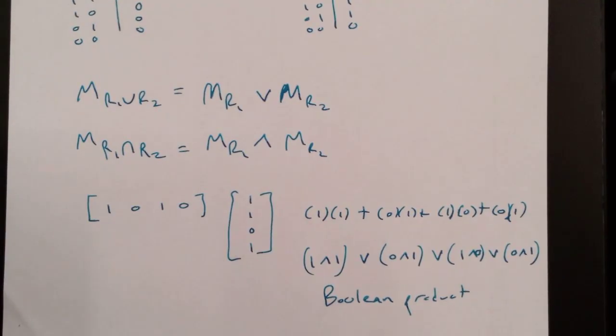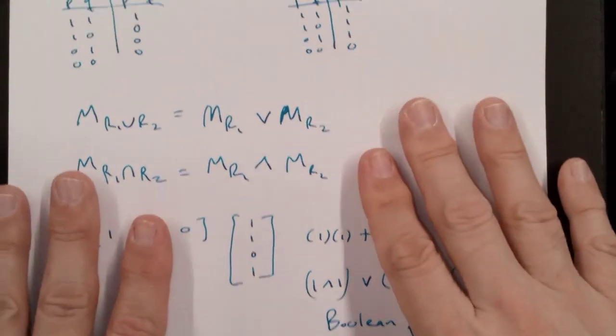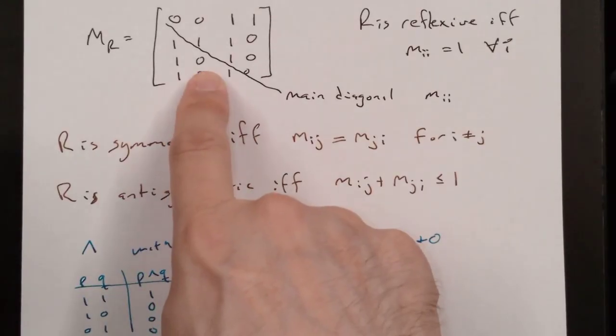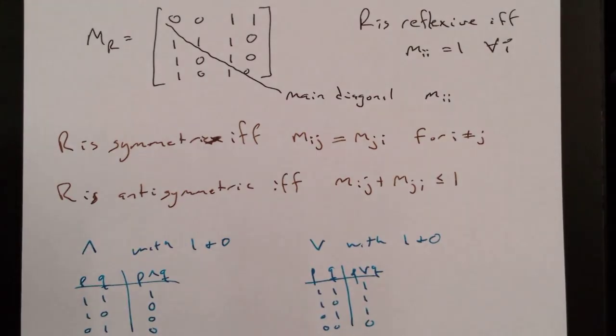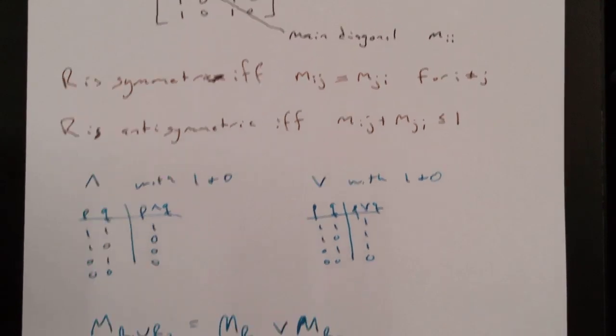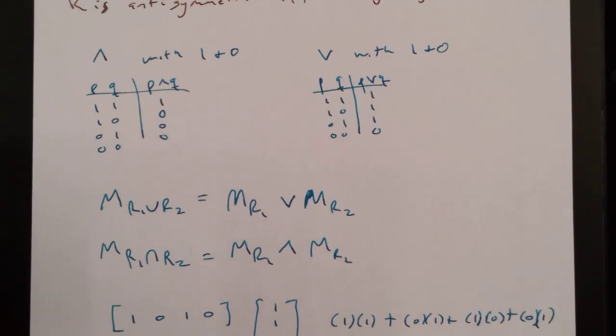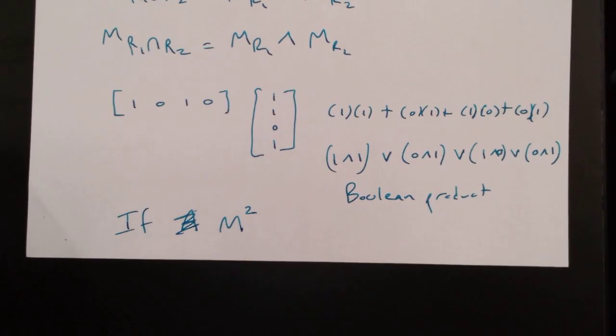It's row column, RC again. If you take this matrix and multiply it by itself, then you've gotten the matrix for R composed with R. Which would be the matrix times itself, wouldn't it?